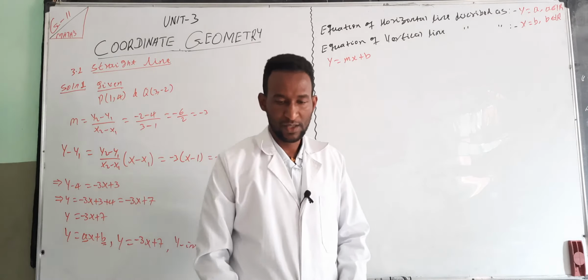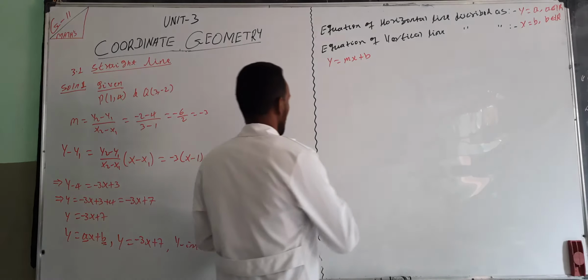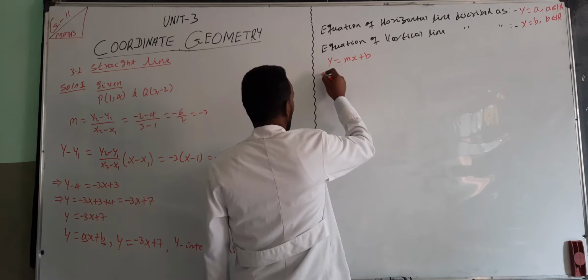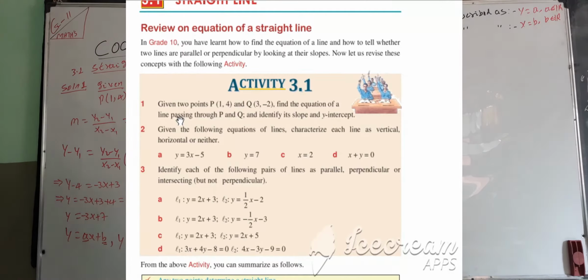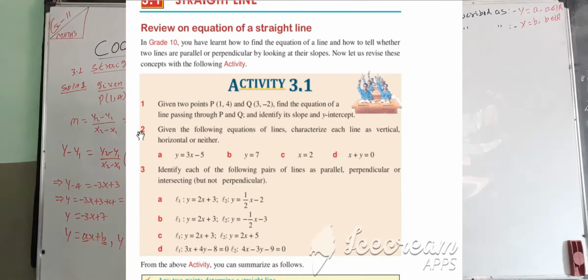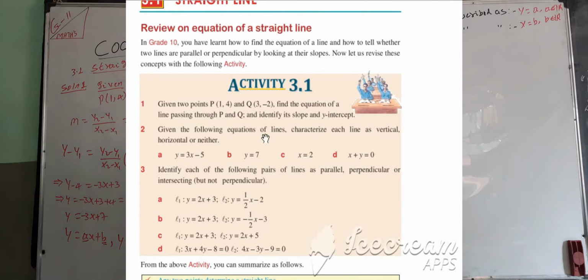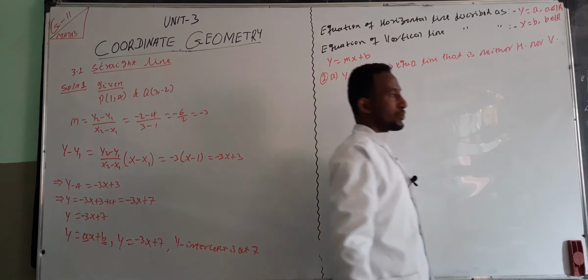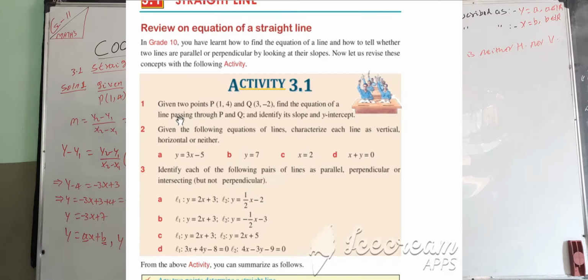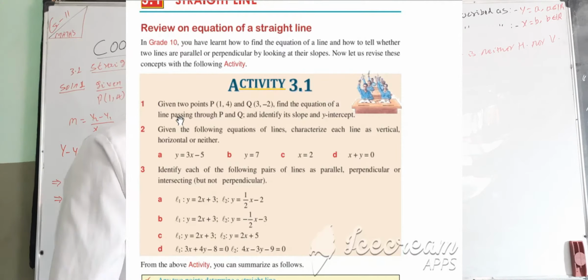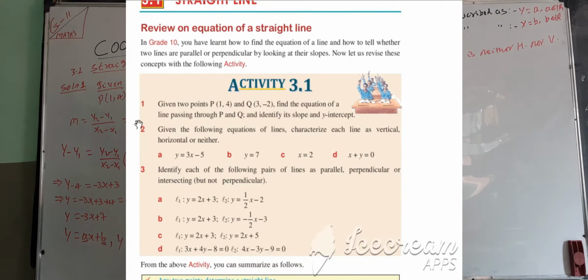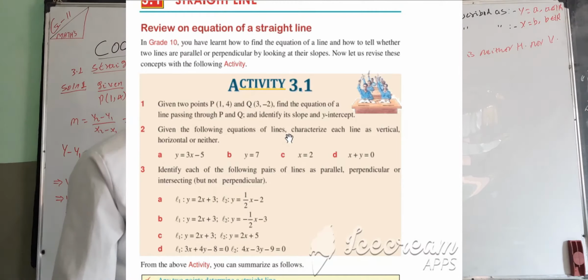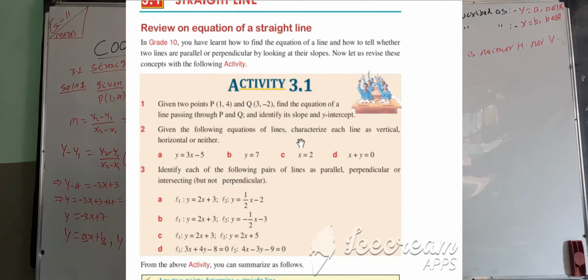Then equation 2a, y is equal to 3x minus 5, is neither horizontal nor vertical. Also, b, y is equal to 7.